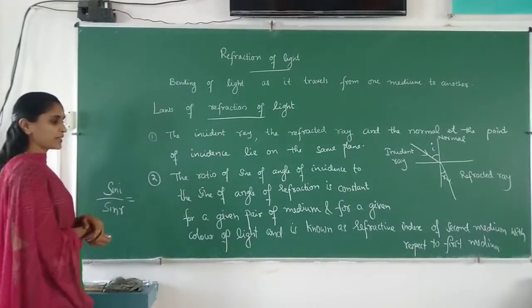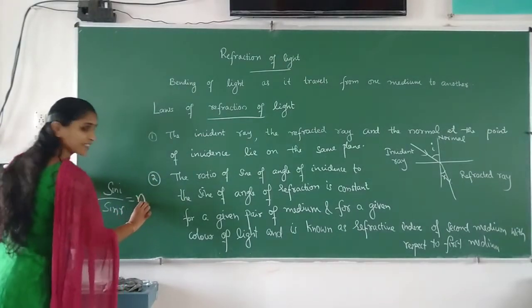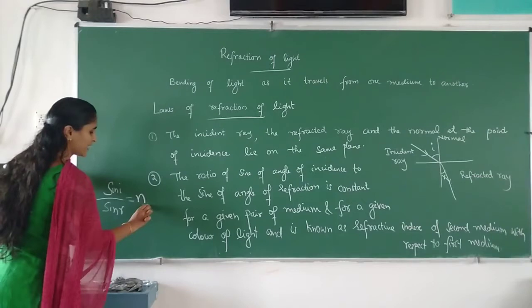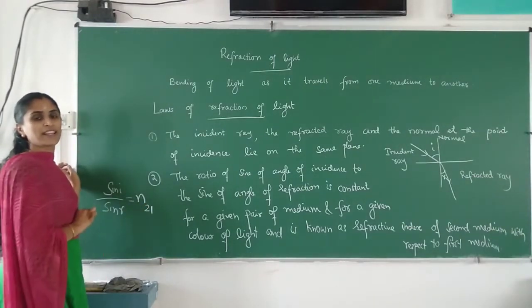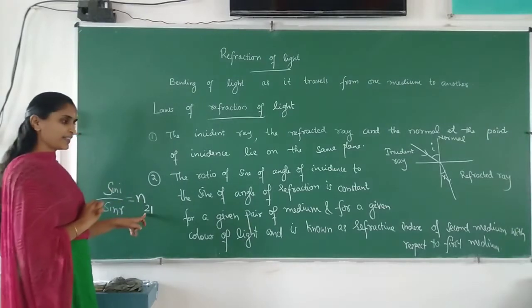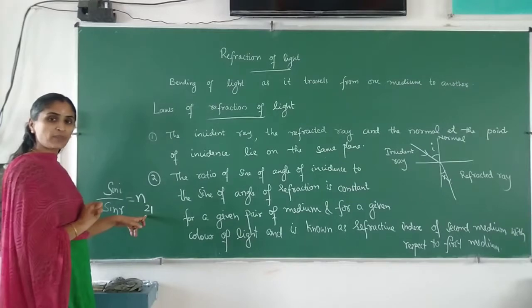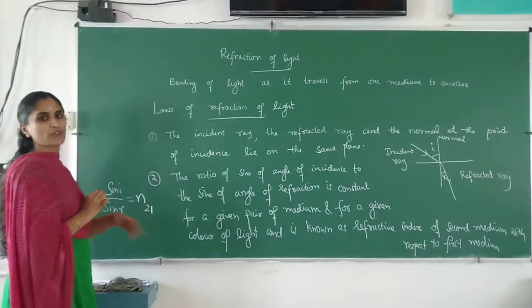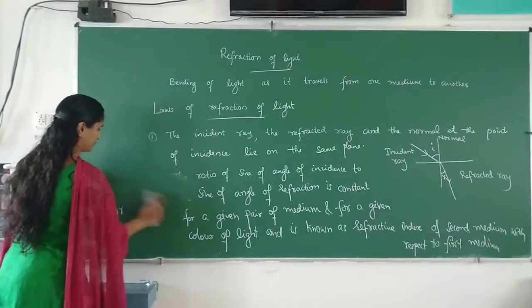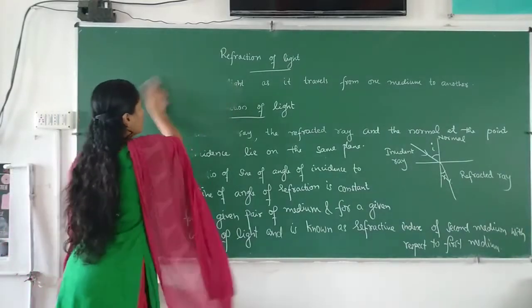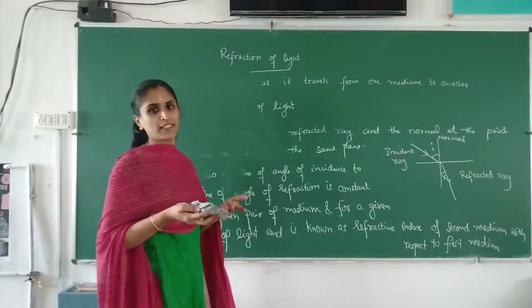And here the constant we write as the refractive index of the second medium with respect to the first medium. We write it as n21, and read it as the refractive index of the second medium with respect to the first medium. Okay, is it clear? And now we will discuss what is meant by this refractive index. You should know.